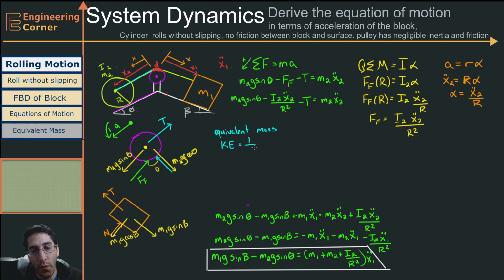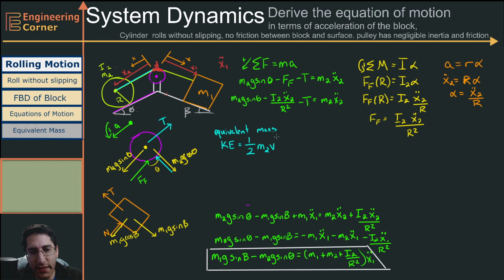So it's going to be some 1/2 m2 v2 squared. Well, actually, I know that my velocity is going to be the same because we're connected with that string.